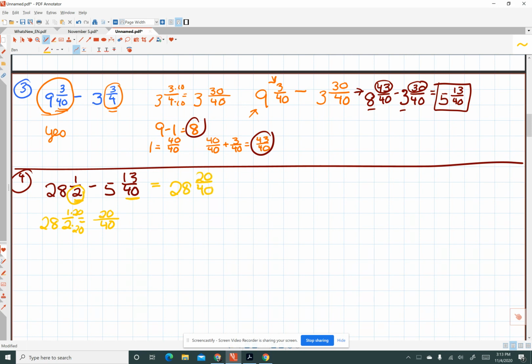So we're going to rewrite this problem as 28 20/40 minus 5 13/40. 28 take away 5 is 23. And 20 minus 13 is 7/40. And that is fully simplified. That's our answer.